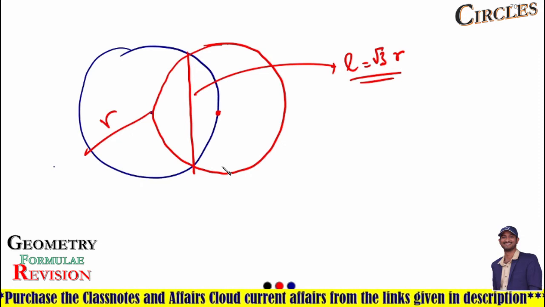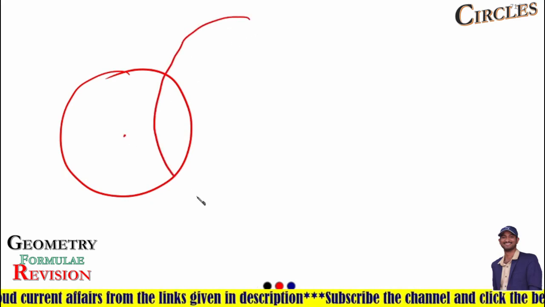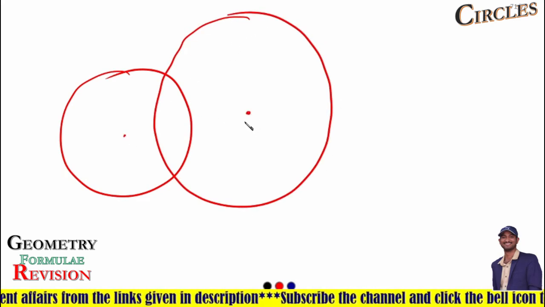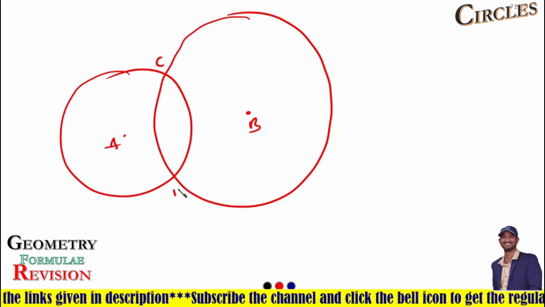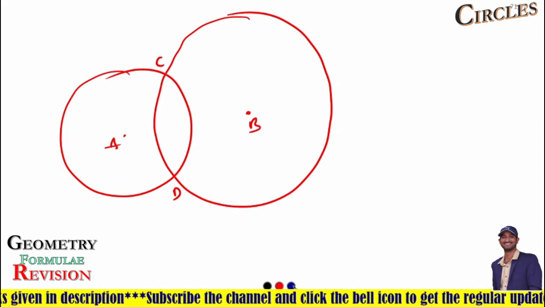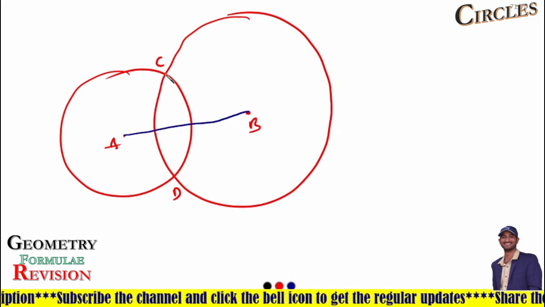Okay. And the next and last important formula in intersecting circles. These are two intersecting circles. A and B are the centers and C and D are the intersecting points. AB is joined.